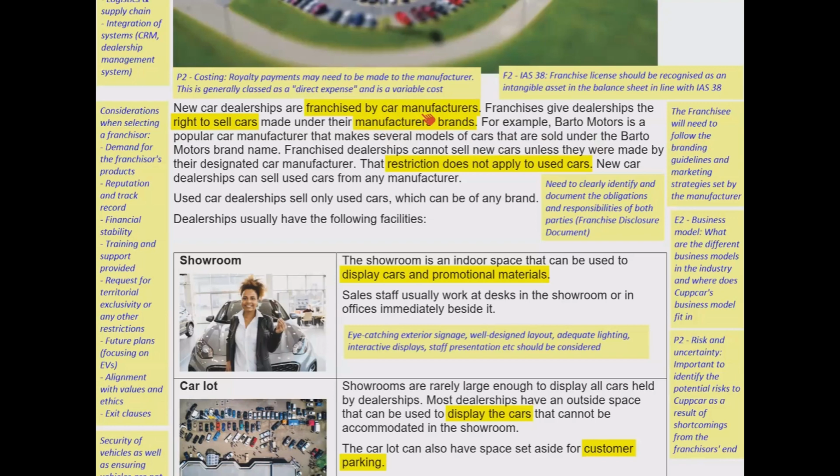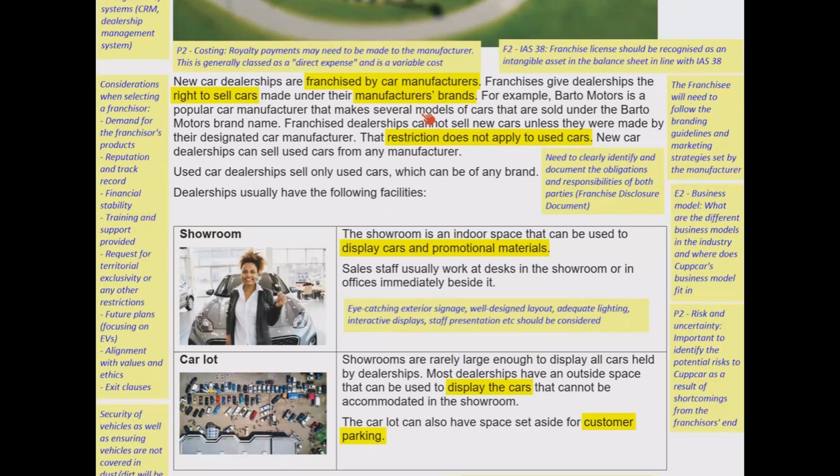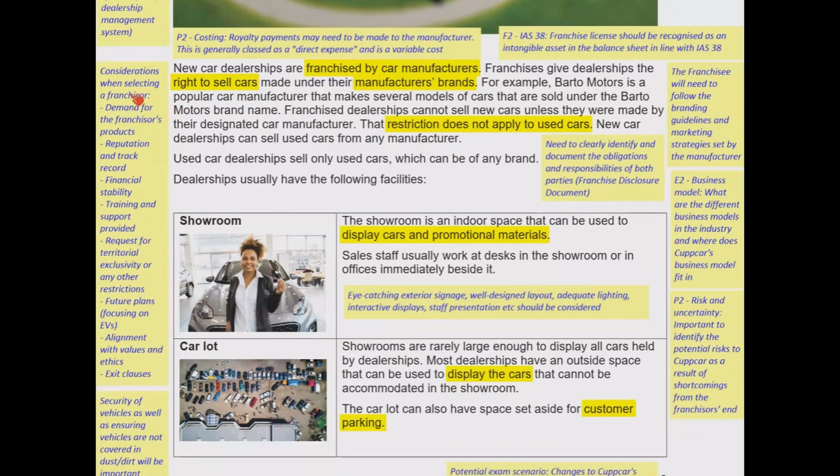Now, if we were thinking from Cuppcar's perspective of which manufacturer or franchisor to select and to have an agreement with, obviously we would need some criteria to assess that car manufacturer.